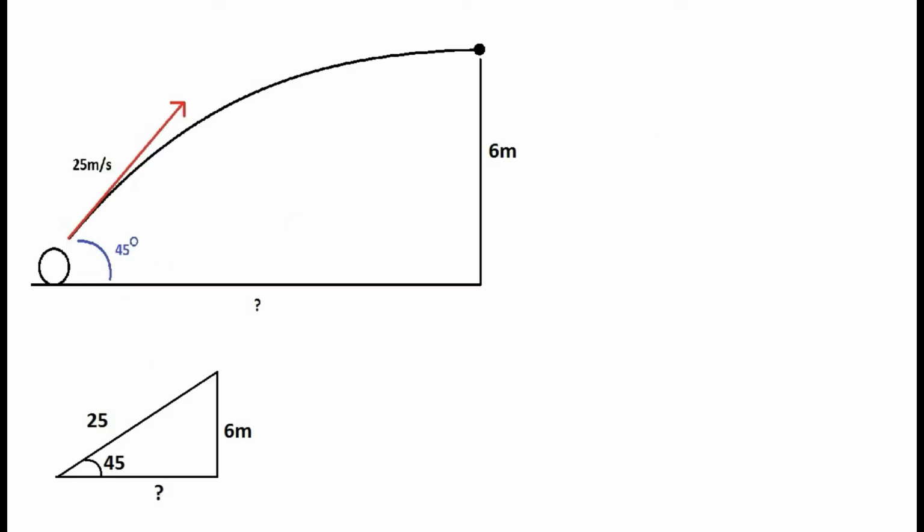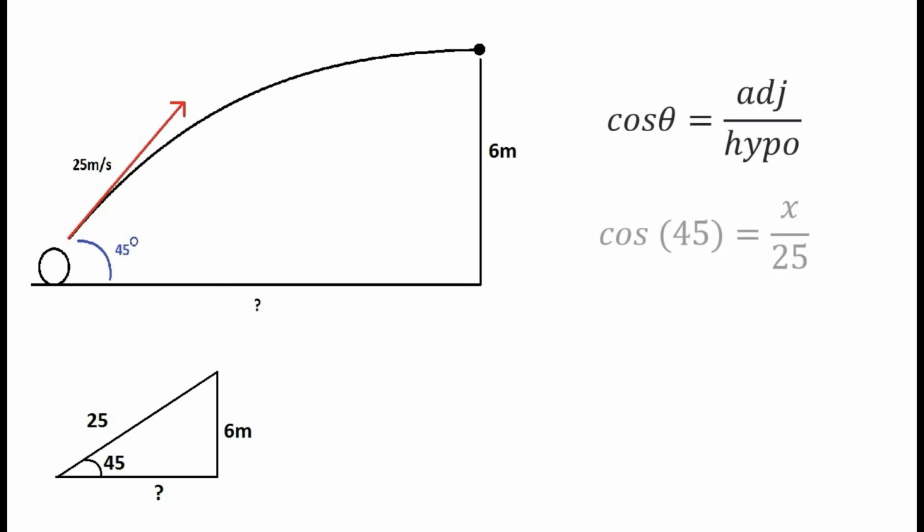In the second problem, our unknown is the adjacent side. So what we're going to use here is CAH, or the cosine equal to adjacent over hypotenuse. Just like the first problem, we first plug in the angle 45 degrees to cosine. Our unknown is the adjacent side, so let's name it x. Our hypotenuse has a value of 25, so cosine 45 equal to x over 25.